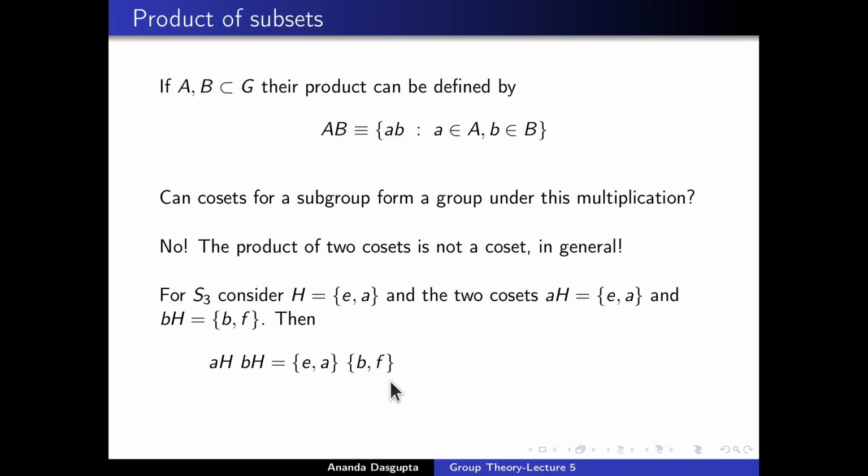And as we defined above, what we have to do is take every element of the set on the left and multiply them by every element from the set on the right in succession. So you end up with 4 elements, EB, EF, AB and AF. Of course, it's possible that these 4 elements will turn out to be not really 4 distinct elements, and because this is a set, we will just ignore repeated elements.